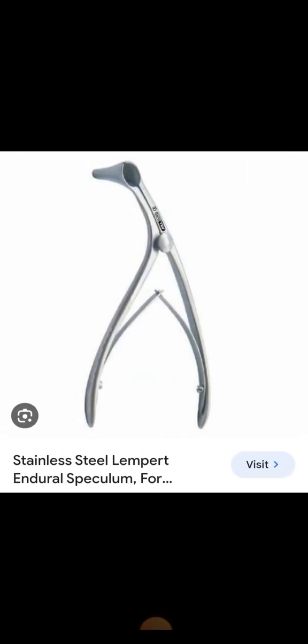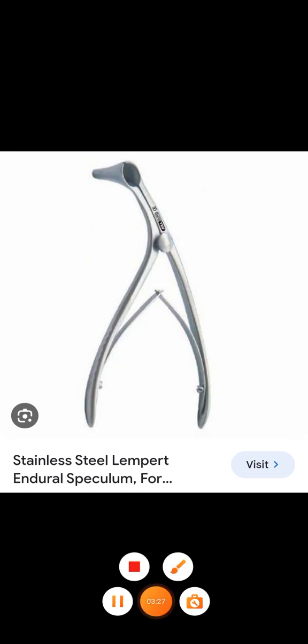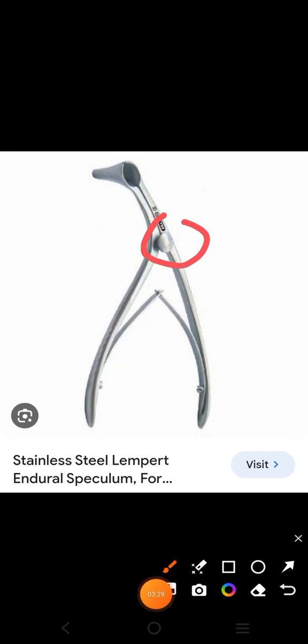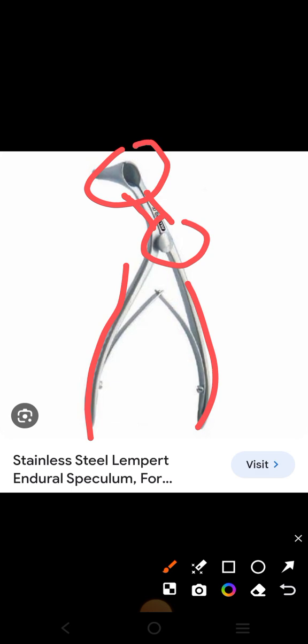Here is another Lempert's endaural speculum. You can easily see here a screw and its two limbs, and these limbs end upwards into curved plates, and here is the hollow cylindrical tip.